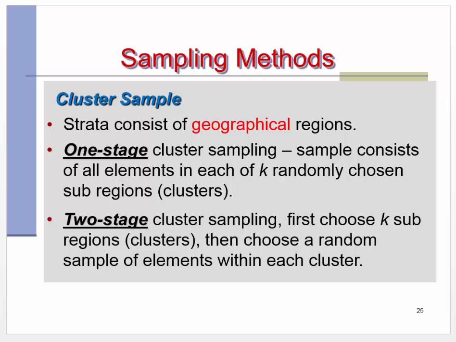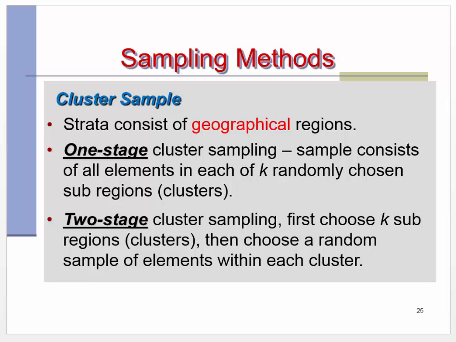Cluster sampling is a stratified sample, with strata consisting of geographical regions. In one-stage cluster sampling, the sample consists of all elements in each of k randomly chosen subregions, that is, clusters.